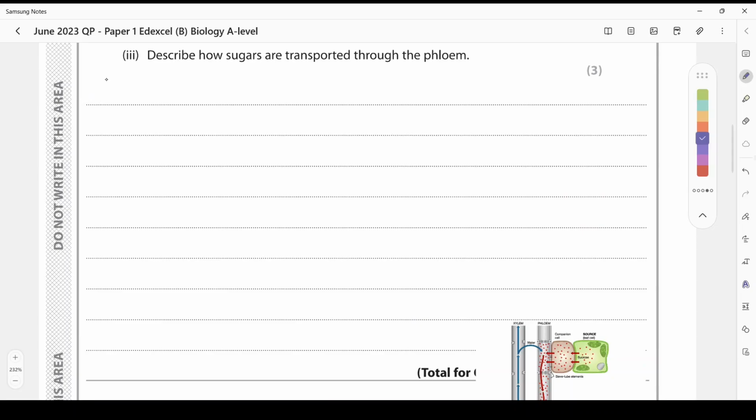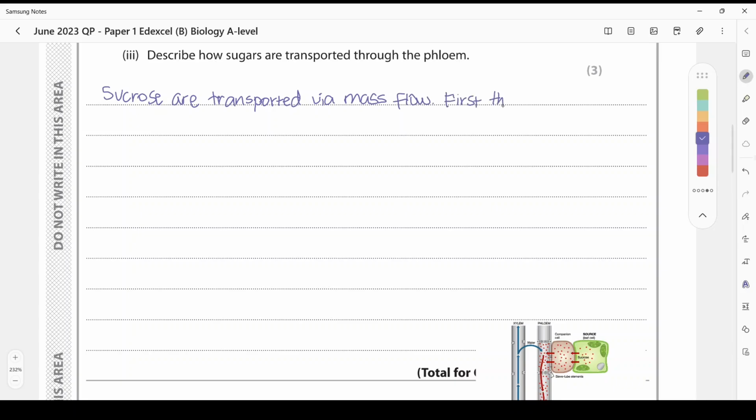So I should say sucrose is transported via mass flow.